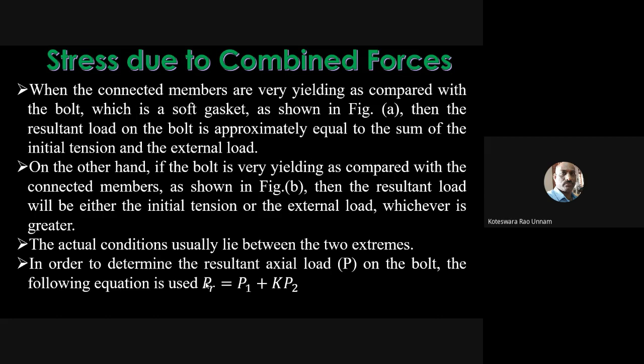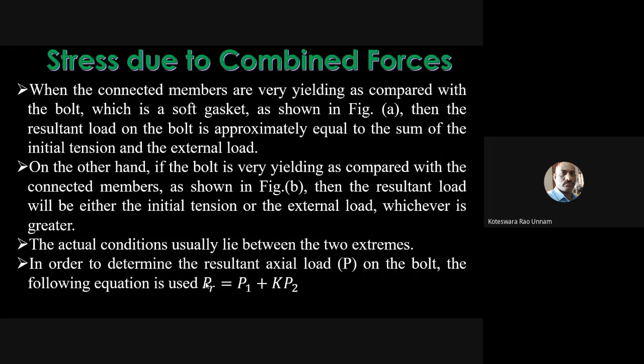If you refer to table 8.2, it gives five different types of joints. One is a metal to metal joint with through bolts, where K varies from 0 to 0.1. Hard copper gasket with long through bolts, K varies from 0.25 to 0.5.